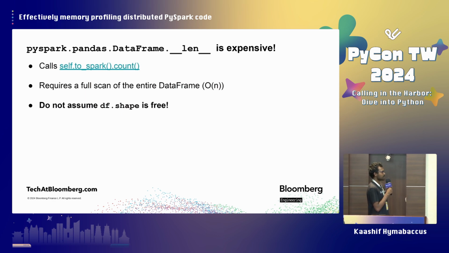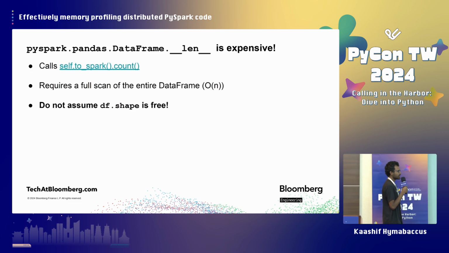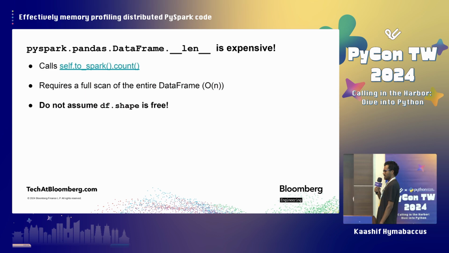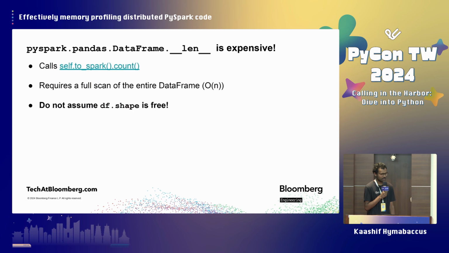So at the point when you run df.shape, that may actually take a significant amount of time because there may be an unknowable number of operations that have been lazily stacked up there or something like that. So don't assume df.shape is free. One funny case where this materializes sometimes is when someone just logs the shape of the data frame.